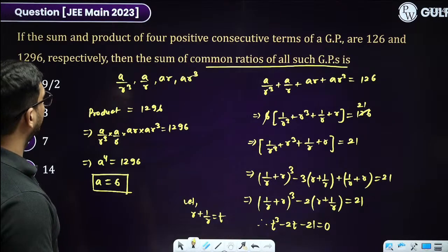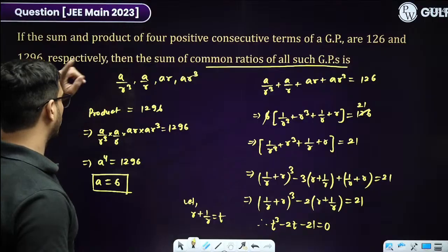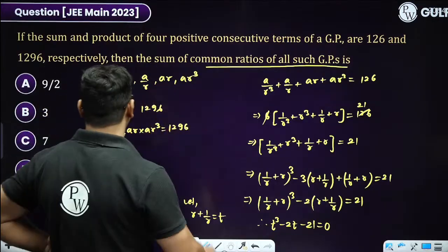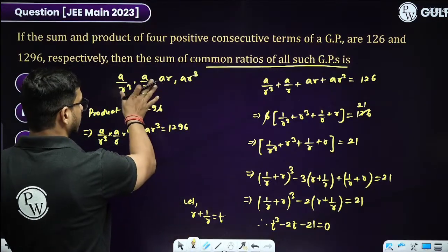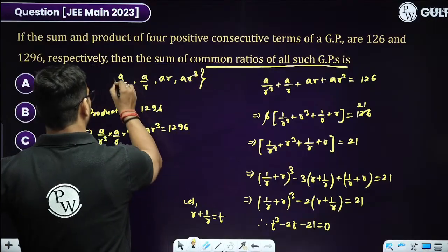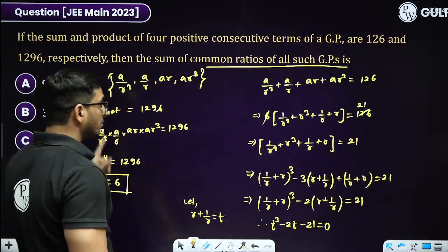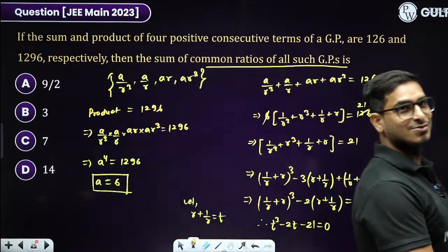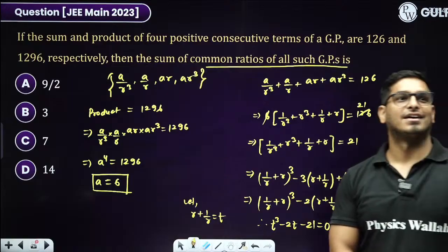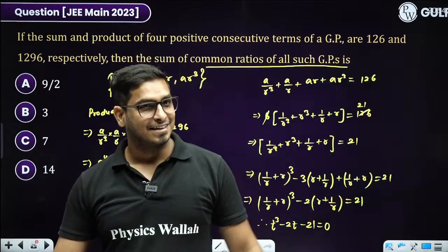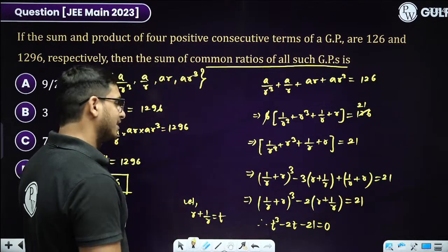We have to find ratios. Can you find the common ratio of these 4 terms? I think r square. So that is why.